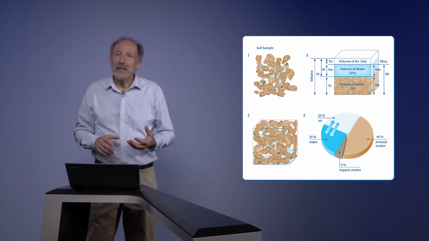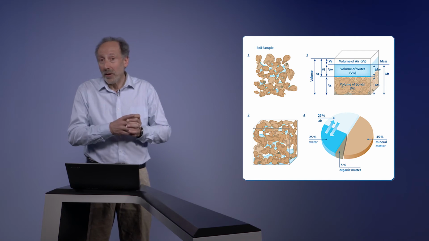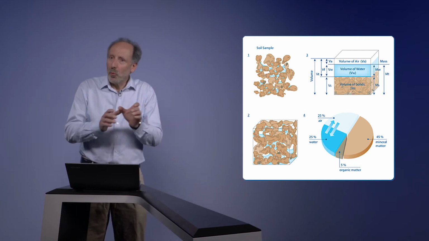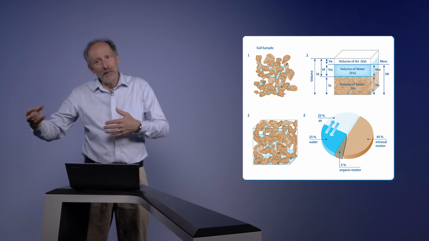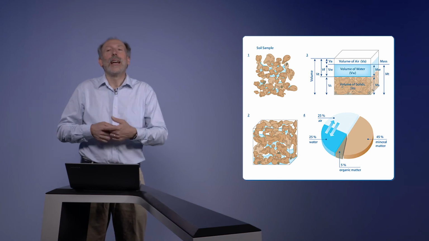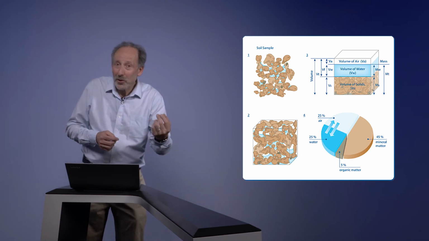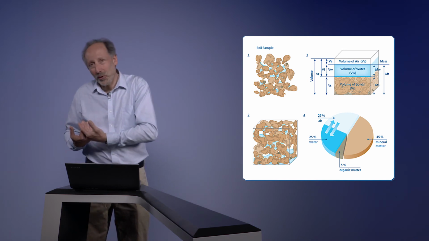So now going back to the field, what we would do is take a well-defined volume of soil, maybe in a cylinder, and then we will weigh that and know its volume, and then we'll put it in the oven, get the change of weight, and now we know the change of volume of water, because we can translate weight of water into volume of water, per volume of soil.